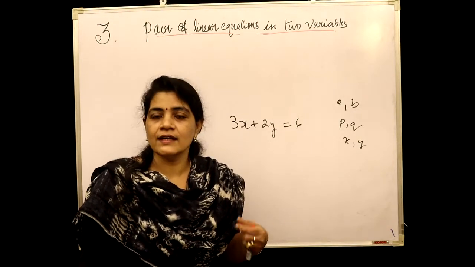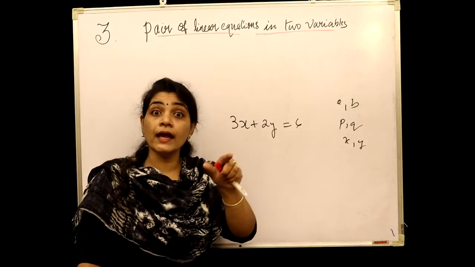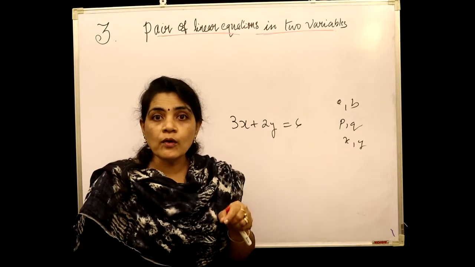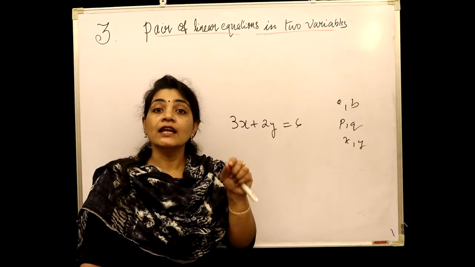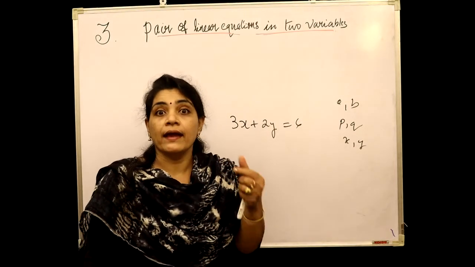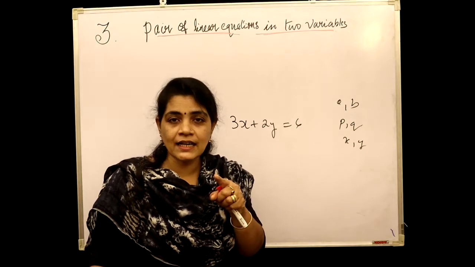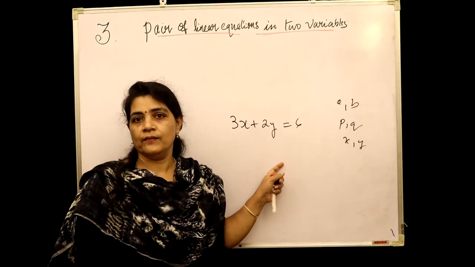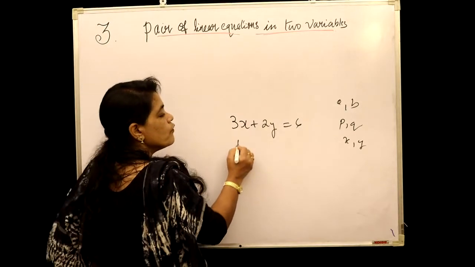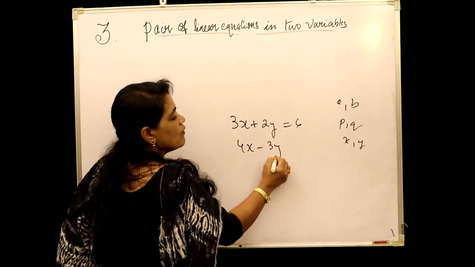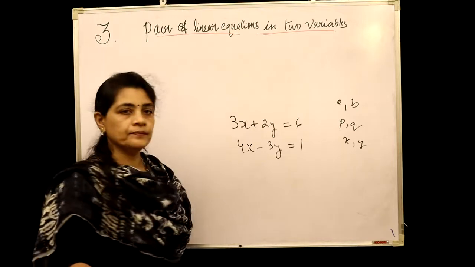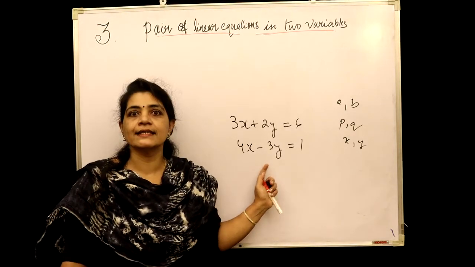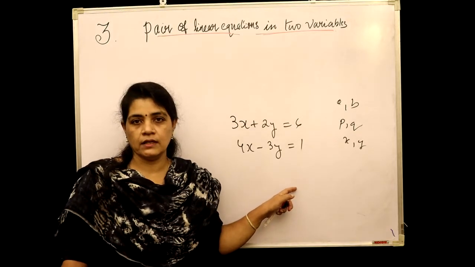But we are discussing in this lesson pair of linear equations. So we have to write one more linear equation in two variables, then only it becomes a pair. Understood that? What is the condition? We have to use the same variables, that is x and y. That is 4x minus 3y is equal to 1. See children, I have used the same variables x and y in the second equation.